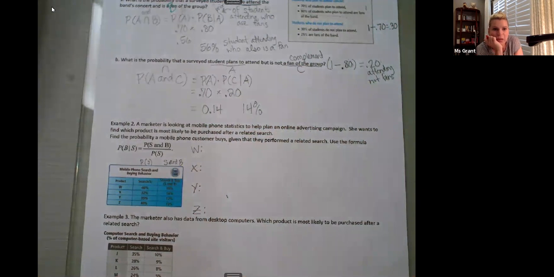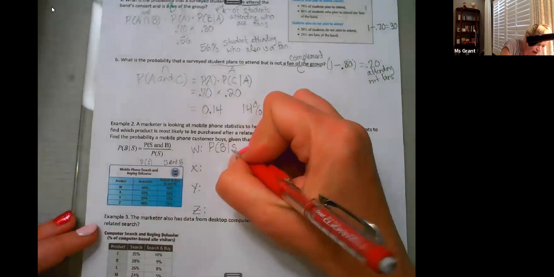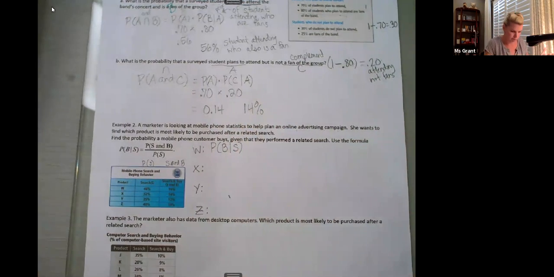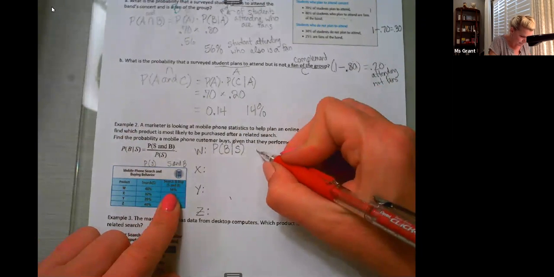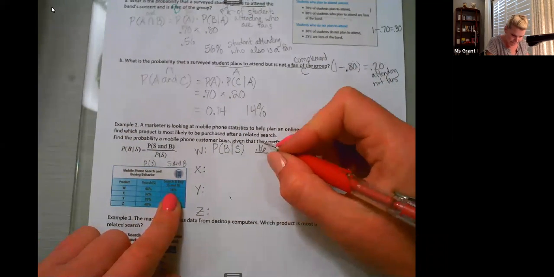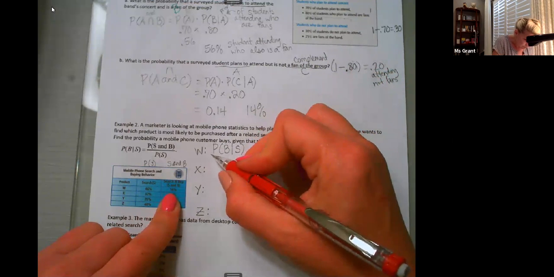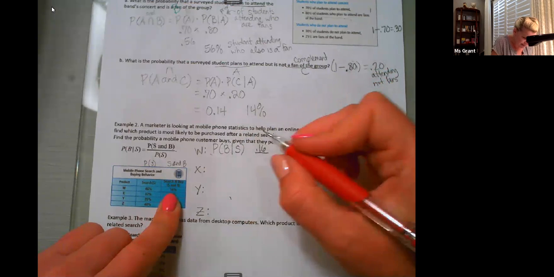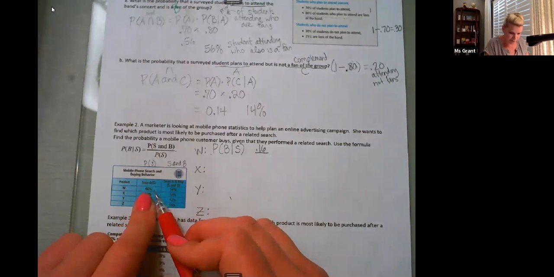So what's the probability? My numerator is the probability that I'm going to buy given that I search. Obviously, you can't buy it unless you search it, right? So I'm going to do, this is the fraction. Search and buy. Product W is 16% divided by the probability that I search, which is here, this middle column, 0.46.